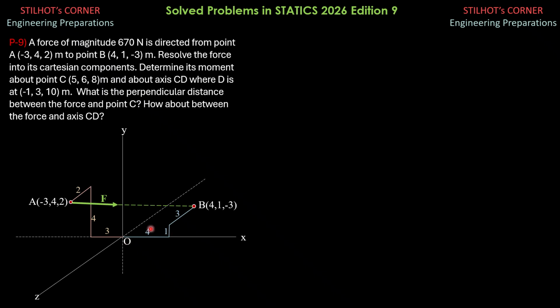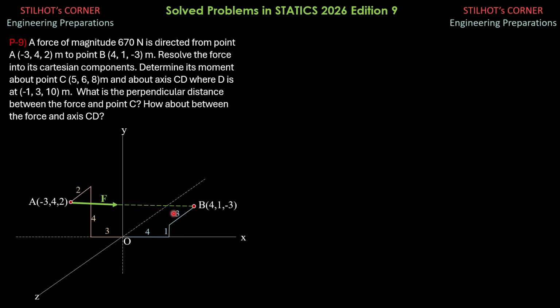So the net vertical movement is downward, which is 3, so negative 3j. Earlier, backward 2, then again backward 3. So that would be 5 meters backward, so minus 5k. So the direction AB therefore is 7i minus 3j minus 5k.